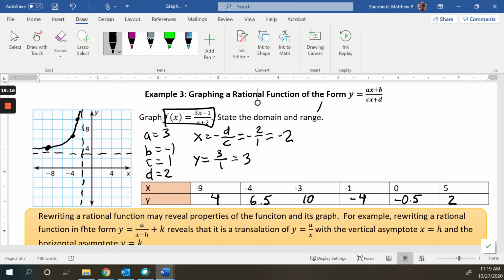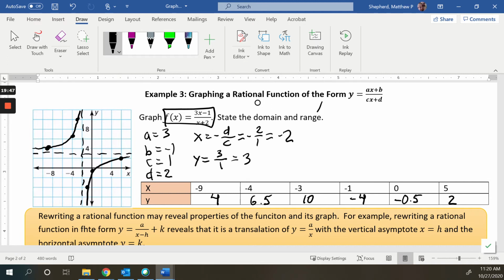And then negative 1 would be down at negative 4. 0 at a negative 0.5. And 5 would be up at 2. So once again, those points help me to draw the shape of my hyperbola really well.